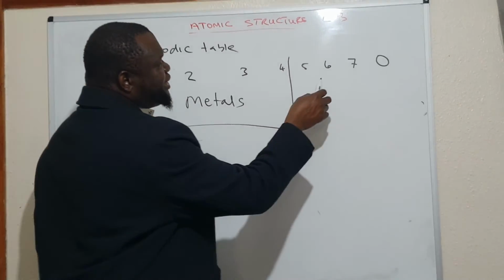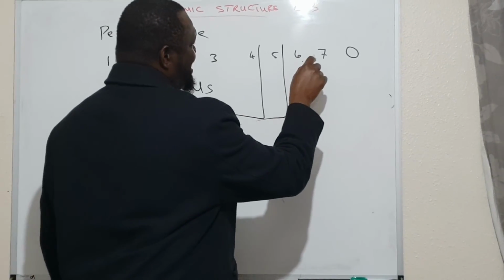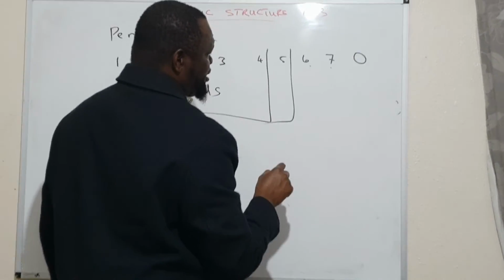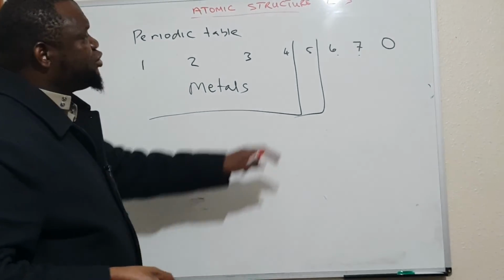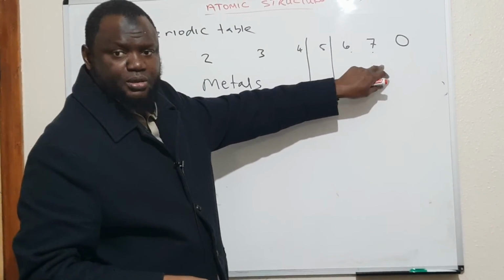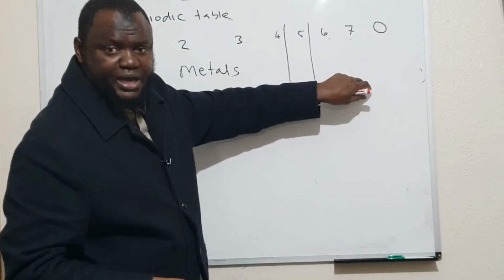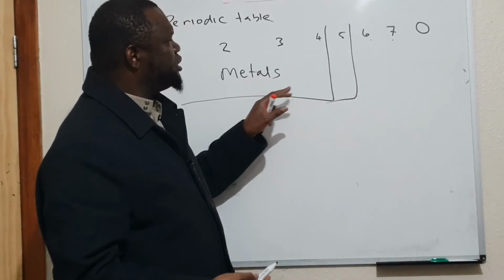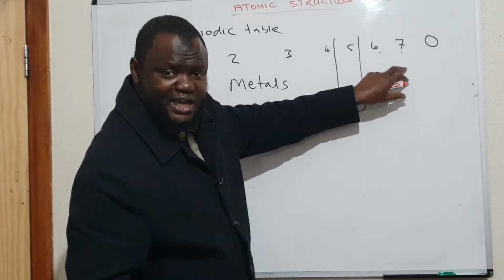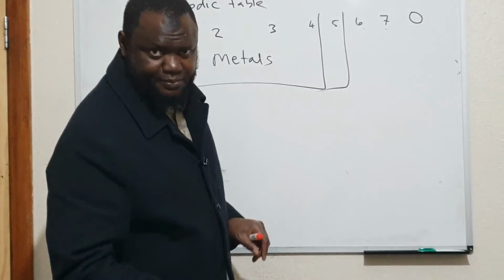But the ones with 6 and 7, like chlorine, are in group 7 because they have 7 electrons in their outermost shell. Instead of giving, they will receive electrons. These are called group 7, most of them are gases, or group 7 non-metals.